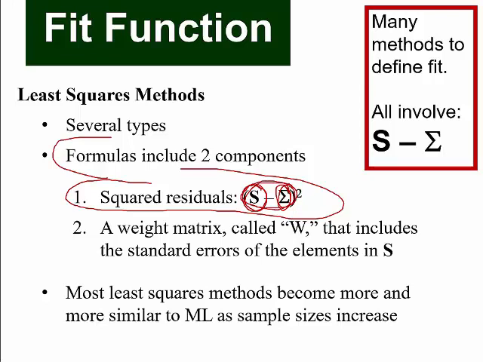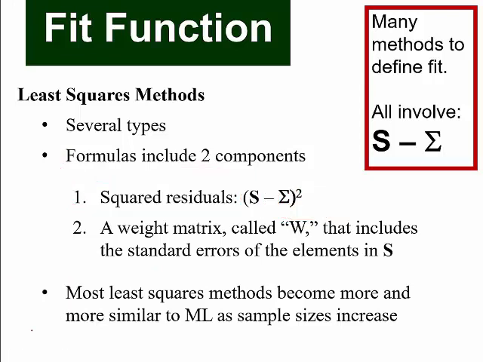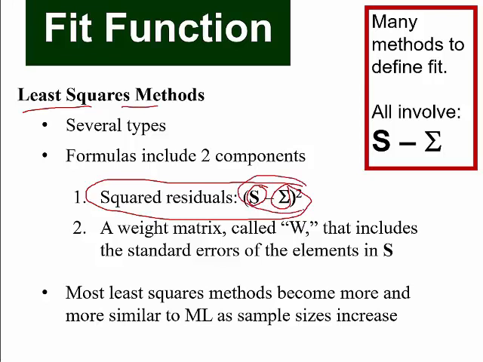And this would be the exact same thing here, where we just look at the difference between each cell in our variance covariance matrix and take the value we get in our S matrix, our actual observed matrix, minus the value we have in our sigma matrix, and get the residual and square it, and get those squared residuals. So essentially, a least squares method is going to try to minimize the size of those squared residuals.